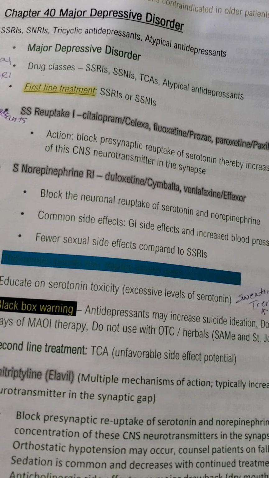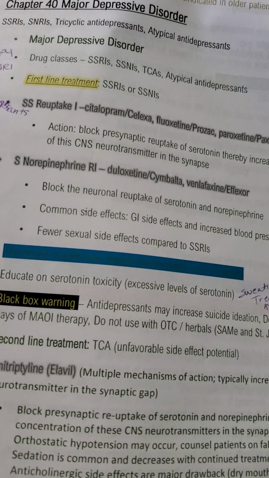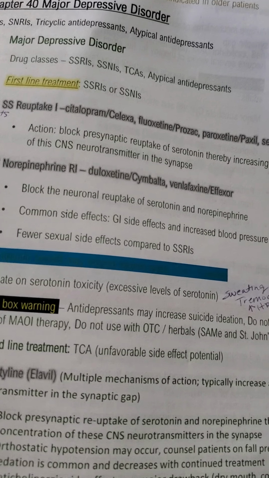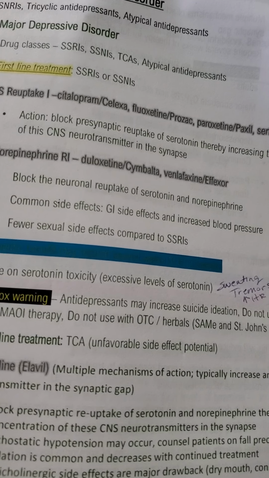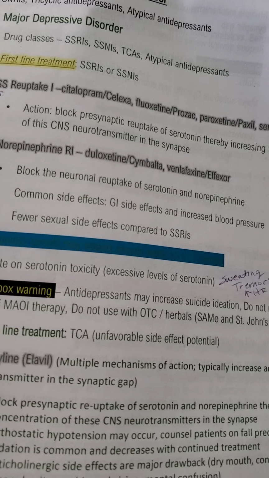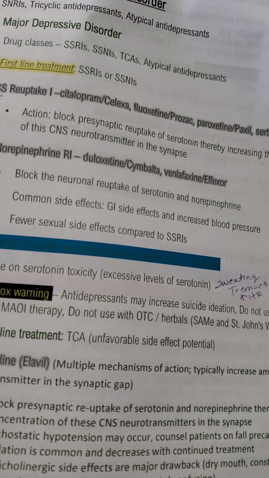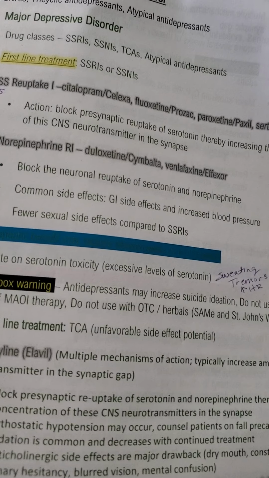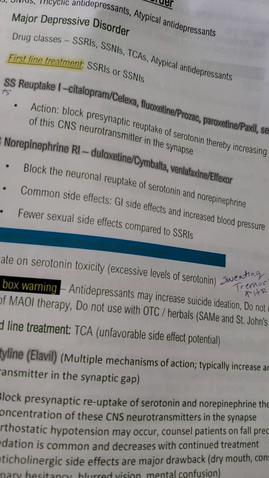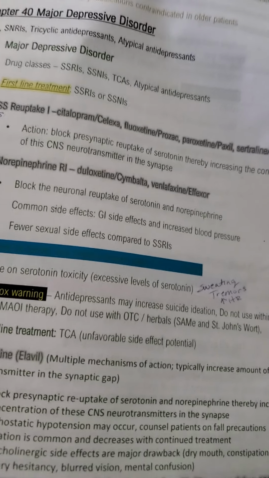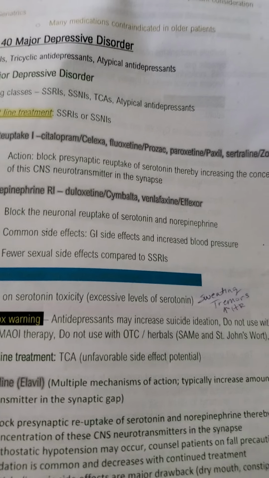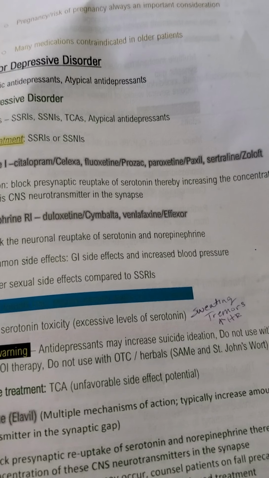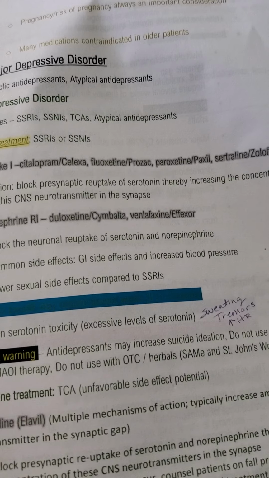Duloxetine, Cymbalta; venlafaxine, Effexor. They block the neural reuptake of serotonin and norepinephrine. Common side effects are GI effects, increased blood pressure, and fewer sexual side effects than the SSRIs. Therapeutic benefit may take several weeks prior to seeing full benefit.